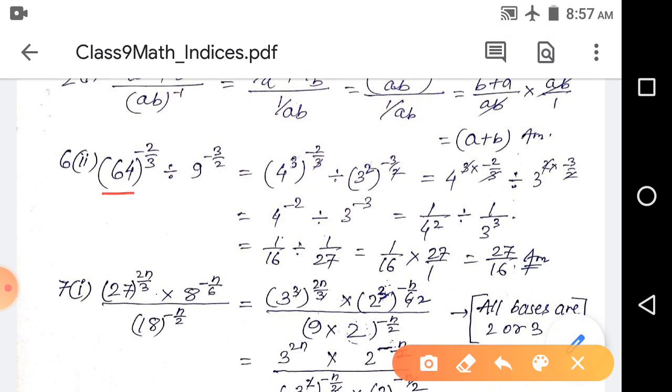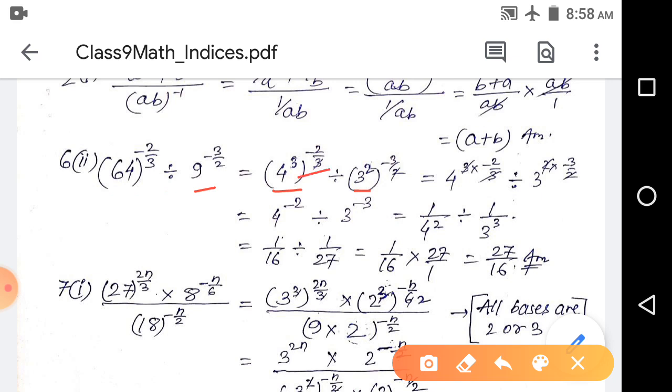It is 64 whole to the power 2 by 3 minus 2 by 3 divided by 9 whole to the power minus 3 by 2. So this 64 can be written as 4 to the power 3, and this 9 can be written as 3 square. Now after that, you know that powers are multiplied in that particular case.